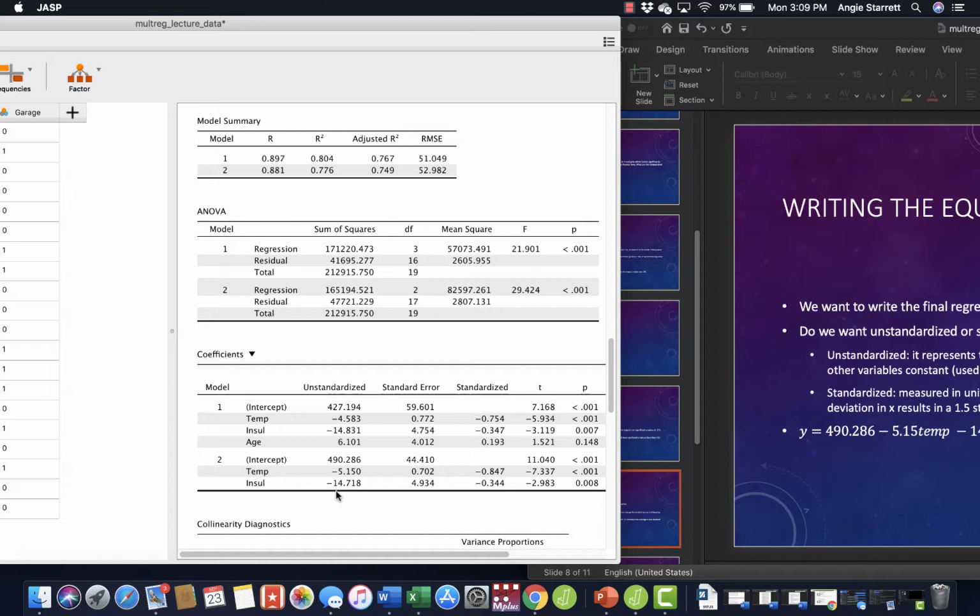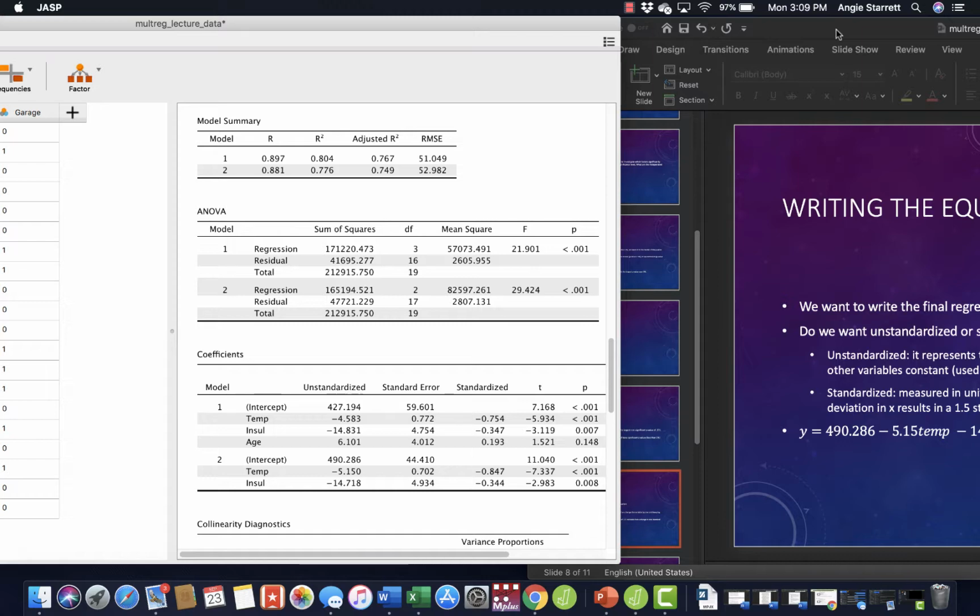So you may think insulation matters more because -14 is a bigger number than -5 in absolute value. But we go over here to standardized and we see that temperature actually has a bigger standardized value, which means temperature is contributing more to the variation explained in cost. Temperature matters more in the equation.